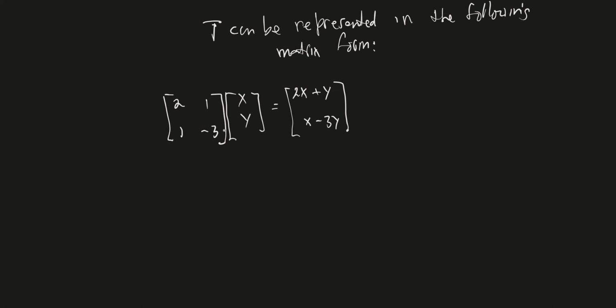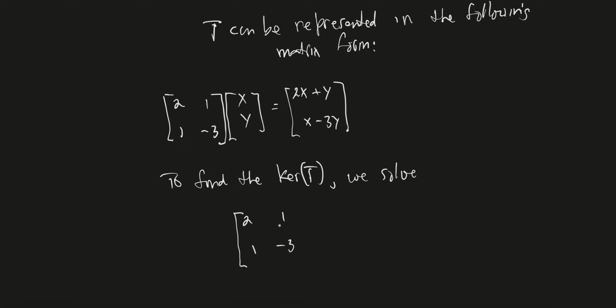So to find the kernel of T, we solve the homogeneous system: 2, 1, 1, negative 3. We want to know what are all the vectors that get mapped onto the zero vector.